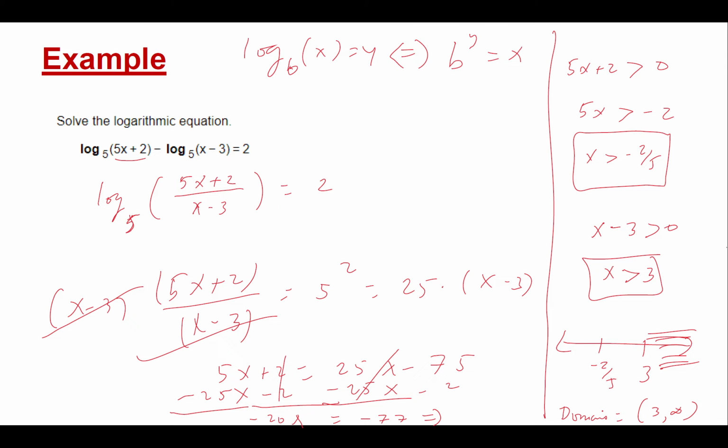If you divide both sides by negative 20, x would be 77 over 20. And that is definitely in this domain, that is greater than 3. So we can accept this answer. x is equal to 77 over 20.